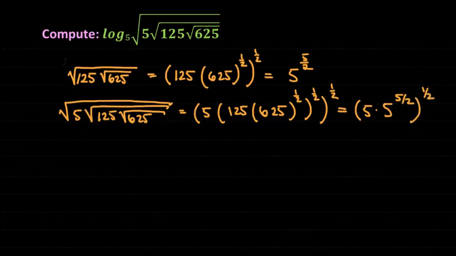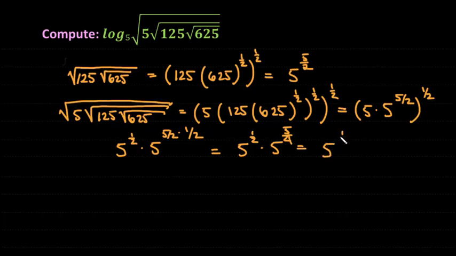And so we can simplify this to get 5 to the 1/2 times 5 to the 5/2 of 1/2, which is 5 to the 1/2 times 5 to the 5/4. And that gives us 5 to the 1/2 plus 5/4, which then gives us this 2/4 plus 5/4, ultimately leading to 5 raised to the 7/4 power.